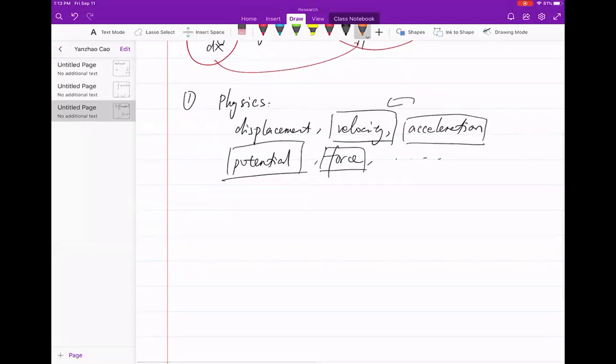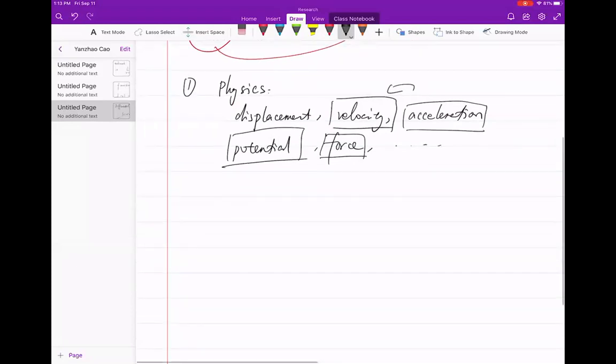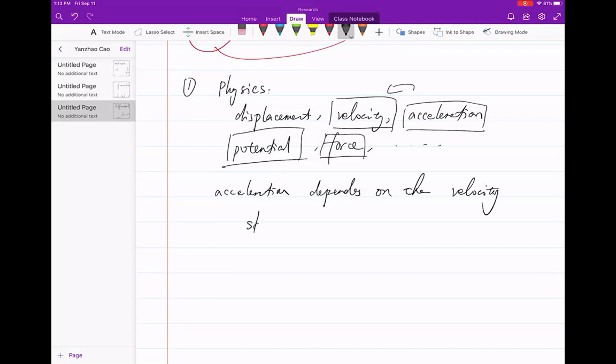For example, it's very possible that your acceleration depends on your velocity, so they show up in the same equation. If you think about skydiving, you're going to have air resistance, which will cancel part of your gravity. The basic rule is the faster you're dropping, the bigger the air resistance.